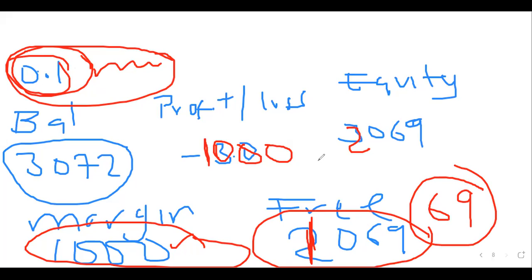But if you're making money, let's assume you're making money. You've made $1,000. Equity becomes 4,000, right?